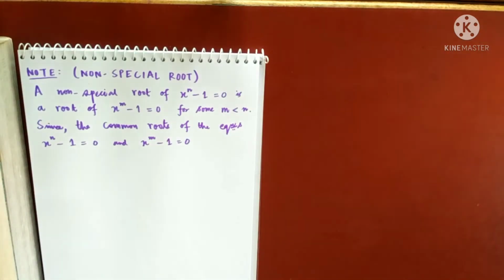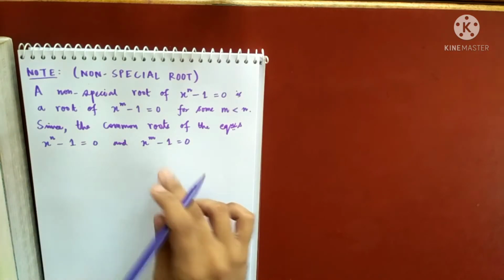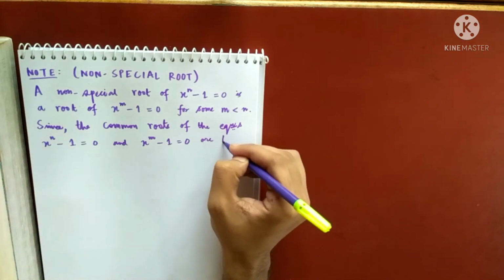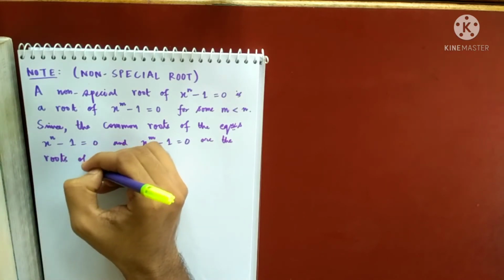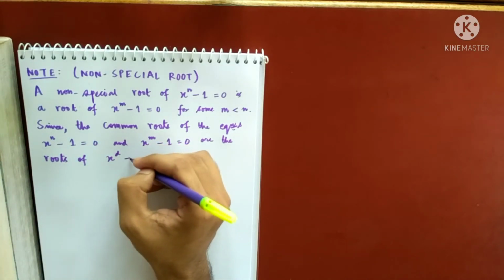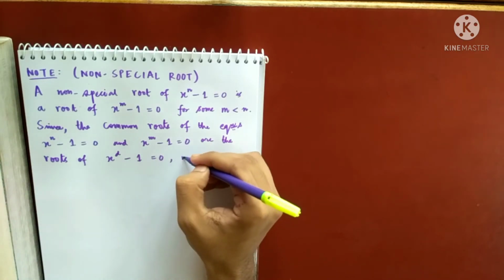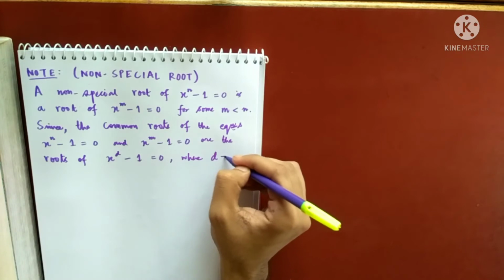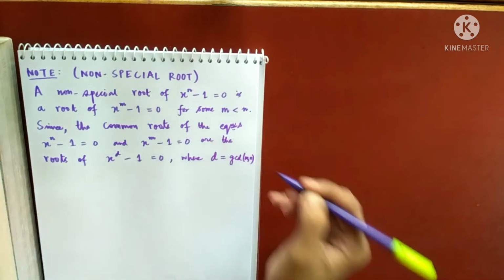Yes, you are correct. So basically, the common roots of the equations, this and this, are the roots of x to the power d minus 1 equals to 0, where d is the GCD of m comma n. You know this.